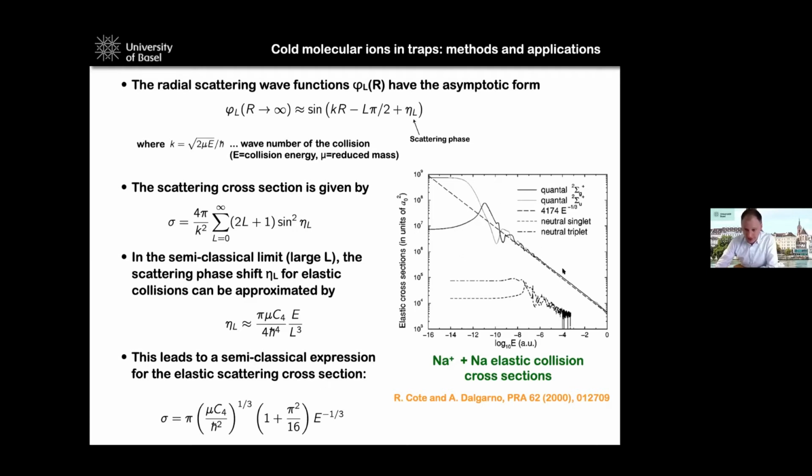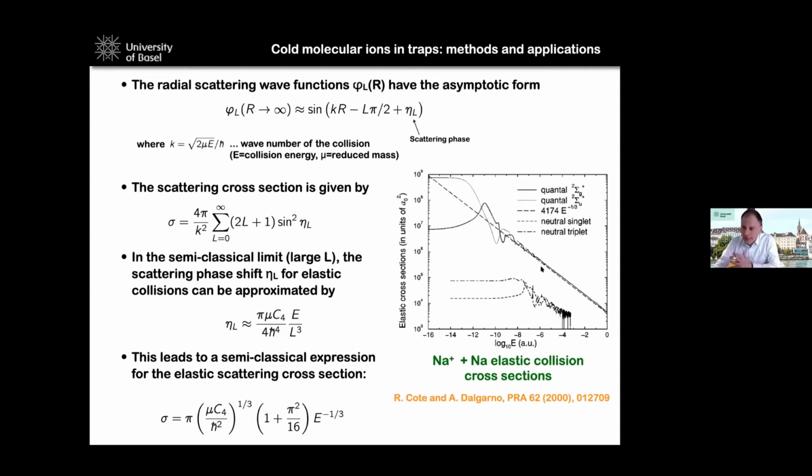And what is shown here is the validity of this approximation as a function of the collision energy. One can see that only at the lowest collision energy, where we only have few partial waves, meaning few angular momentum, so if the angular momentum of the collision is very low, then we have appreciable deviations of this semi-classical expression, which is the dashed line here, from a rigorous quantum solution of the whole problem.